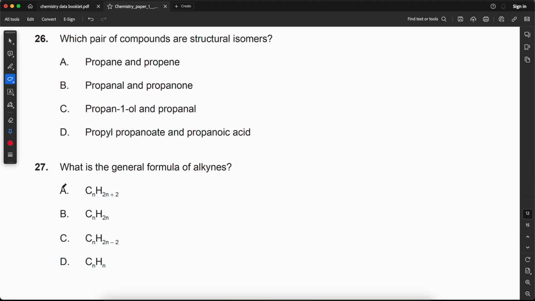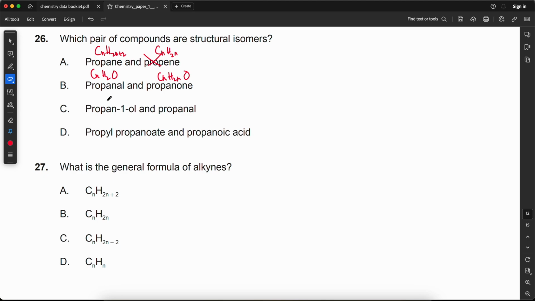Which pair of compounds are structural isomers? Propane, CnH2n+2. Propene, CnH2n, no. Propanol, CnH2n+2O. Propanol, CnH2n+2O.